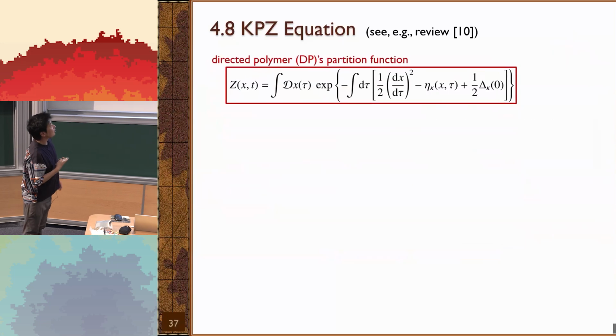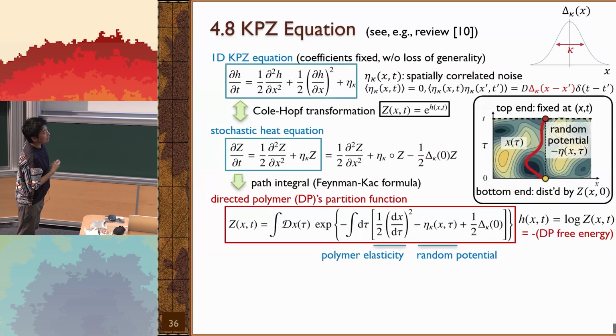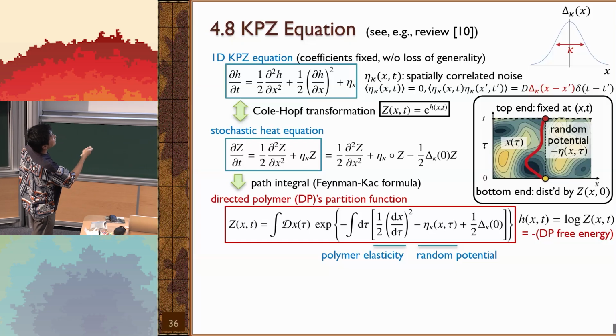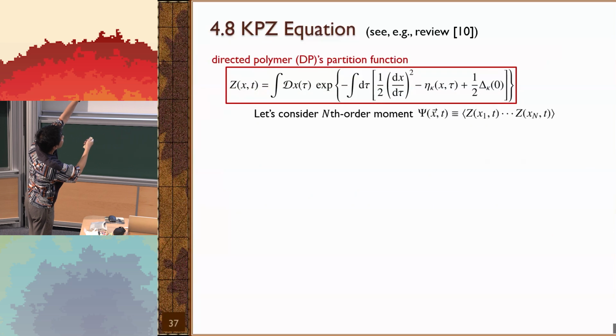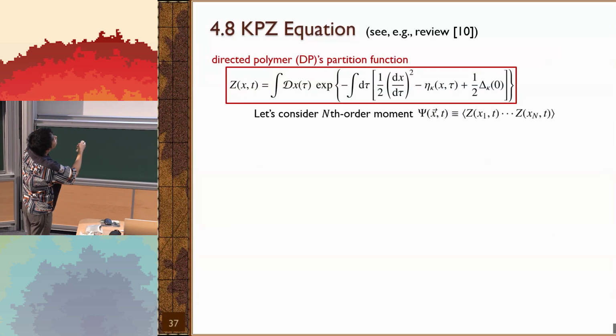But I think part of the question is, in eta kappa of x at time tau, when you write eta kappa of x, it's x at time tau, no? In the random potential, yes. x is a function taken at time tau, in the part in the red square. Oh yeah.